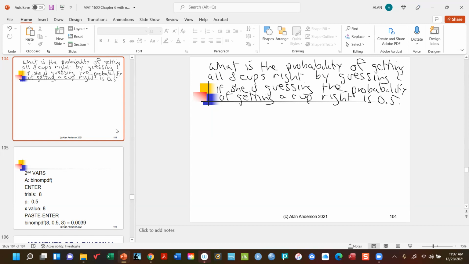In other words, it's 50-50. It's either tea first or milk first. So therefore, we have n equals 8 trials or cups. And pi would be 1/2. And what we're asking is the probability of getting all 8 of them right, which means x equals 8, by pure chance.